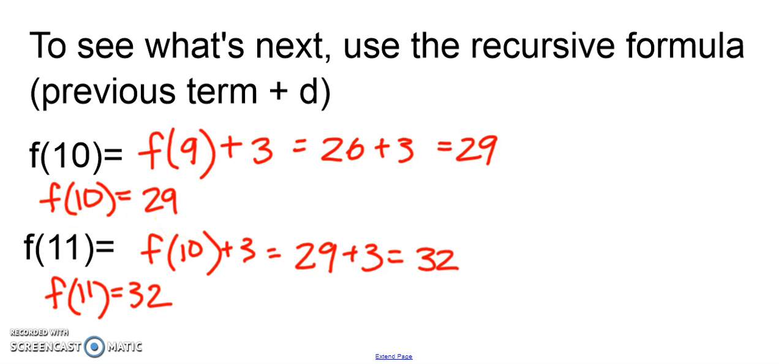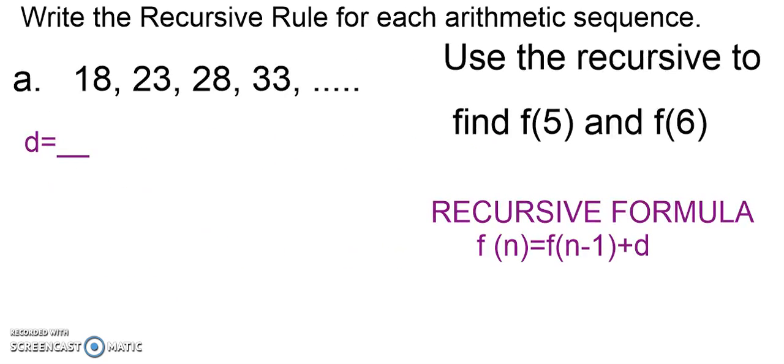Now, there's a point when this can get a little bit tedious, having to add on each time, but I'm going to have you practice it again on your own right here. So I want you to write the recursive rule for each arithmetic sequence. So if we are finding f of 5 and f of 6, how are you going to format the recursive rule for those?